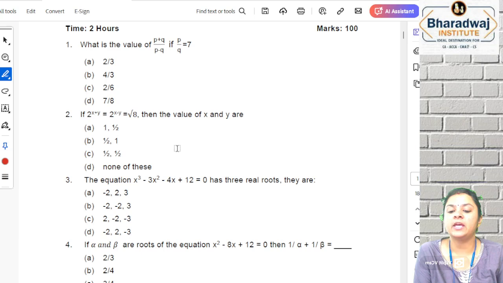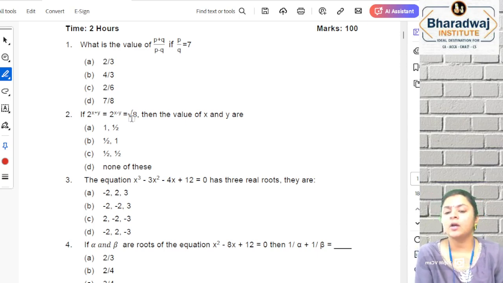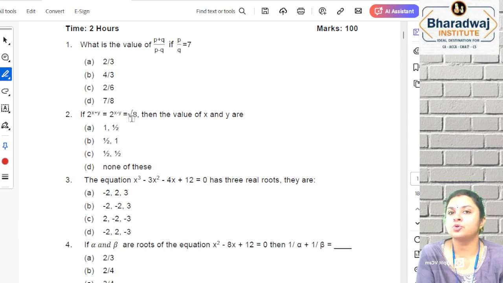2 power x plus y equals 2 power x minus y equals root 8. Then the value of x and y are. So here, root 8 can be written as root of 2 cube, since 8 is 2 cube, which is nothing but 2 power 3 by 2.